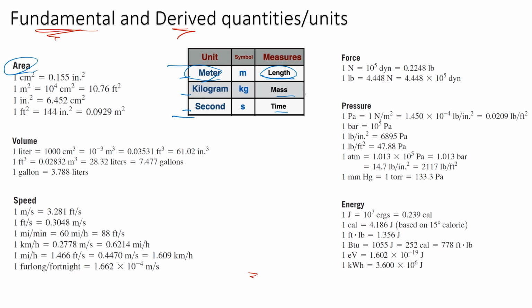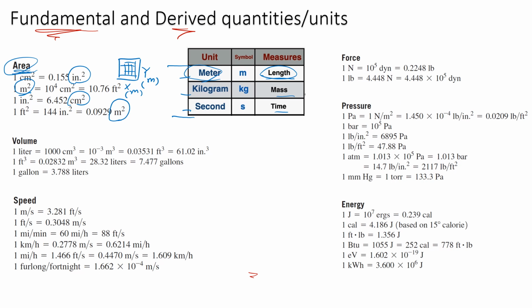If we have a square with dimensions x and y, measured by meter, then the area of this square is x by y, and its unit is meter multiplied by meter, which is meter squared, as you see here. Or in general, it's a length unit squared.